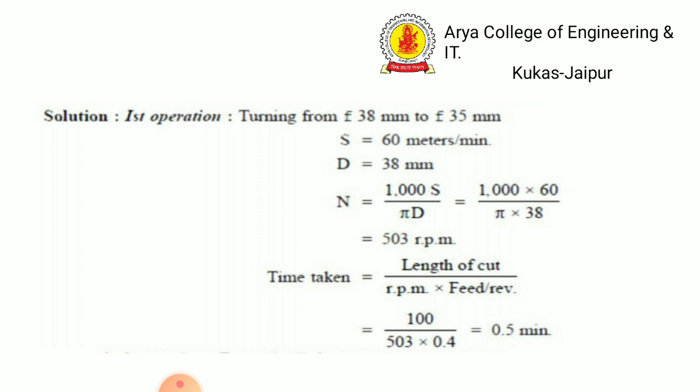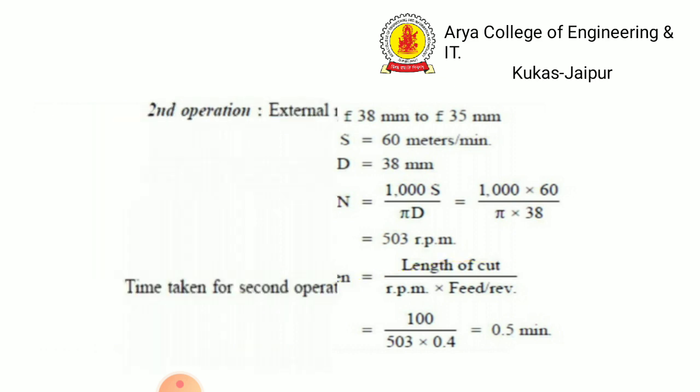So finally we calculate N as 503 rpm. Second, time taken during the first operation is length of cut divided by rpm times feed per revolution. Length of cut given in the question is 100, divided by rpm 503 times 0.4 feed per revolution. So time taken in the first operation is 0.5 minute.